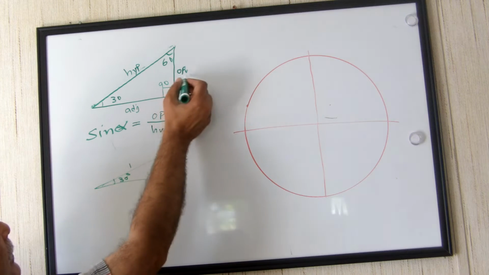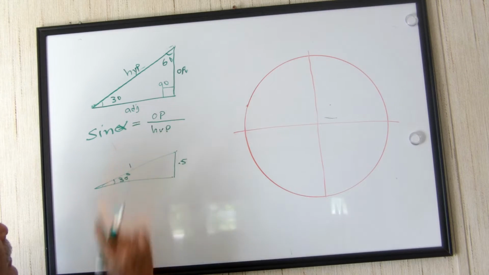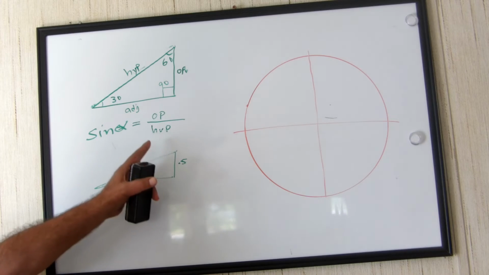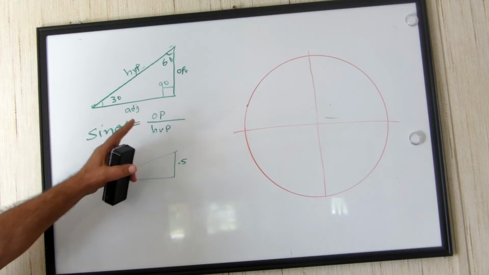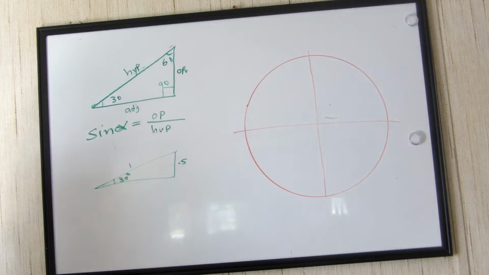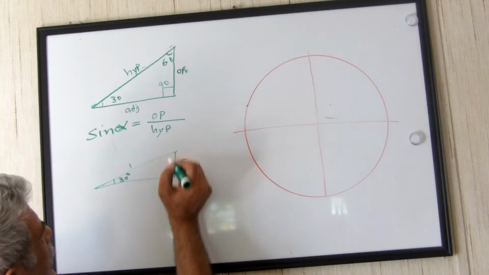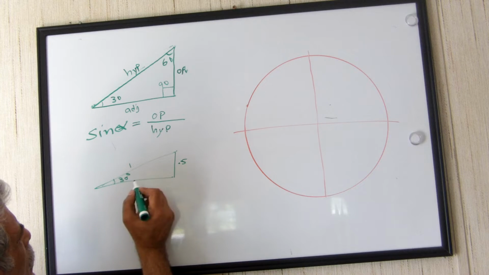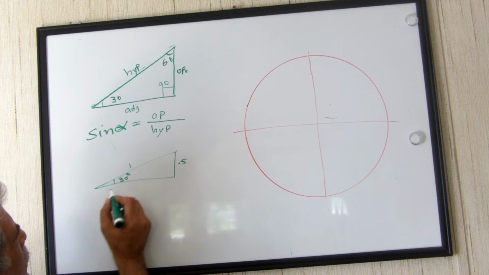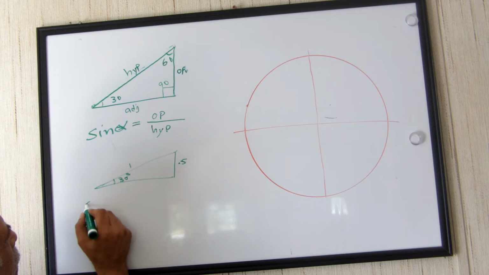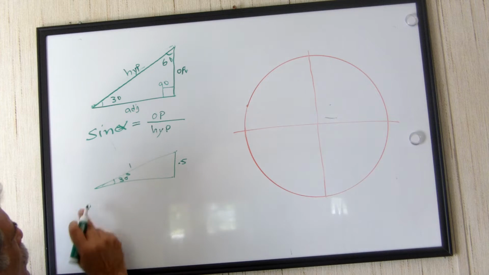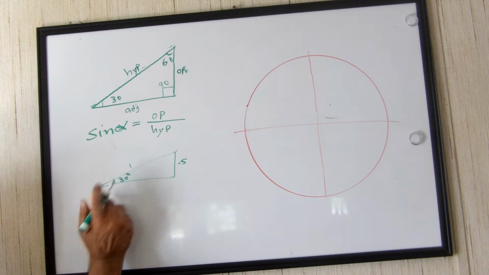The sine of alpha is the opposite side of the triangle divided by hypotenuse. And so for sine of 30 degrees, you could do this.